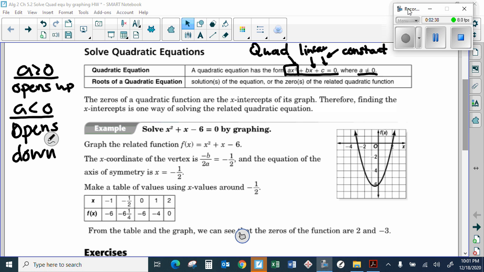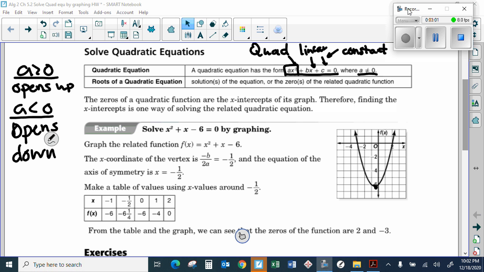If there's a bx term, that shifts it right or left from its origin. When the vertex is at the origin, this down here is called the vertex. Well, that's at the origin, that's called a parent function.